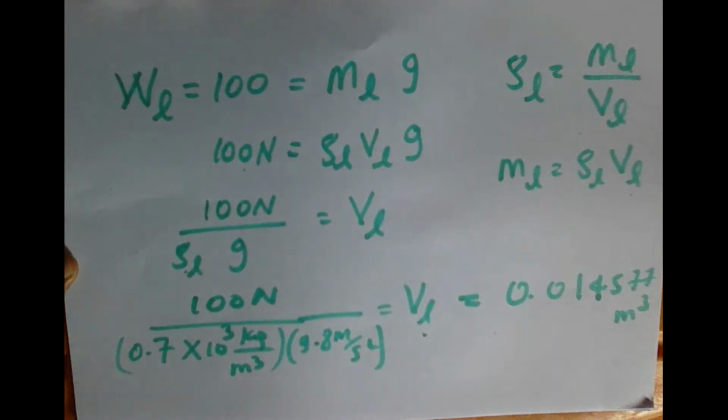Then the next step is just to find rho of the object, which is equal to mass of the object over volume of the object. You know that the volume of the displaced liquid is equal to the volume of the object.